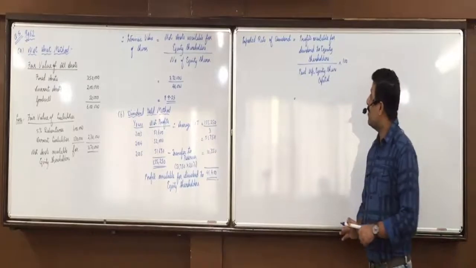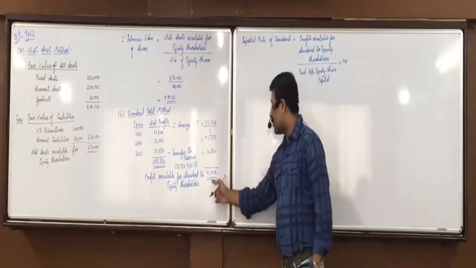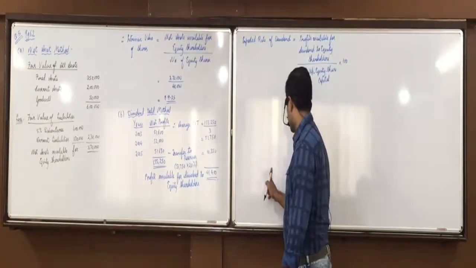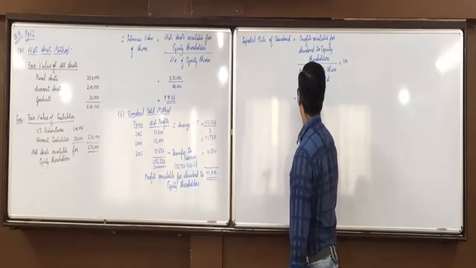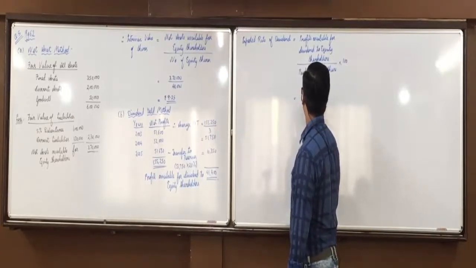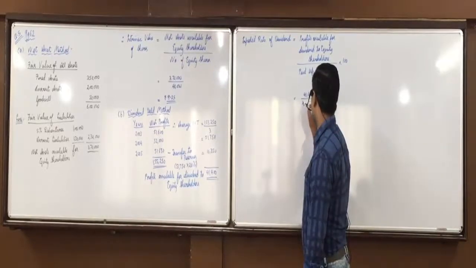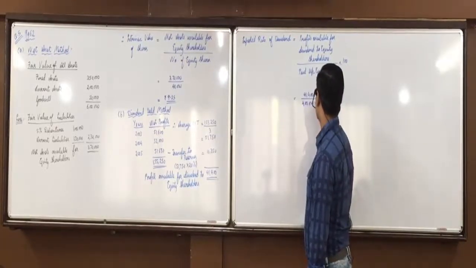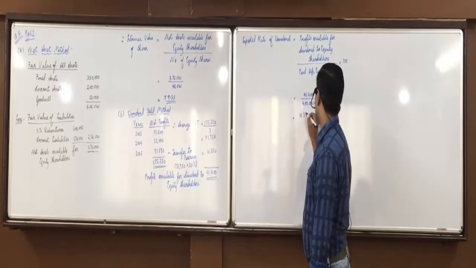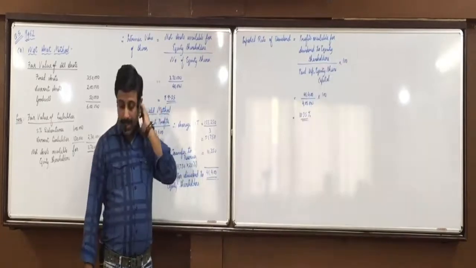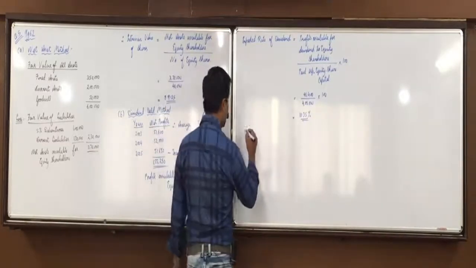So 41,400 divided by paid up equity share capital, 4 lakhs, into 100. That is 10.35%. Understood this, everyone?